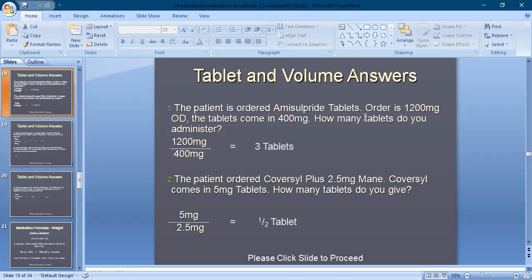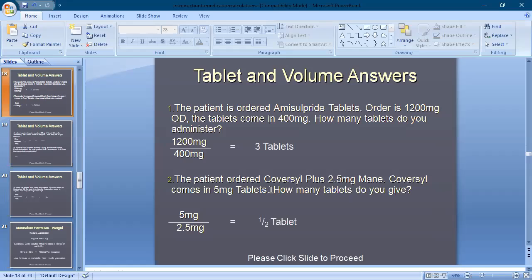How many tablets? Total tablets equal the order over the medication in hand. Second question, a patient is ordered 2.5 milligram, and the tablet that came is a 5 milligram tablet. How many tablets do you give to the patient?